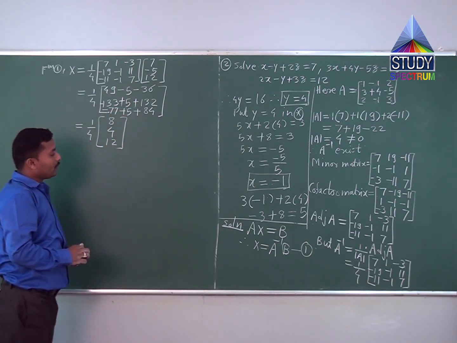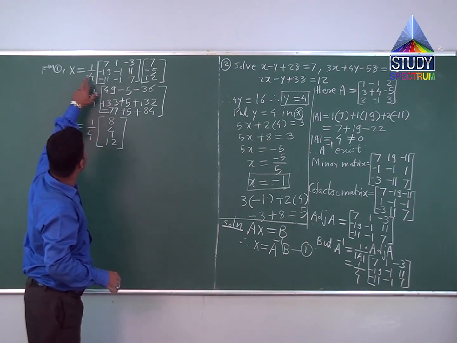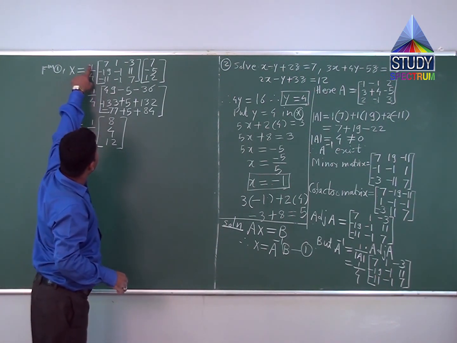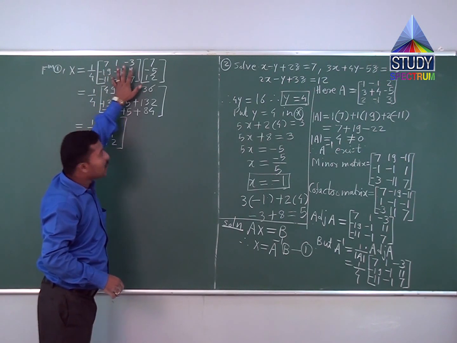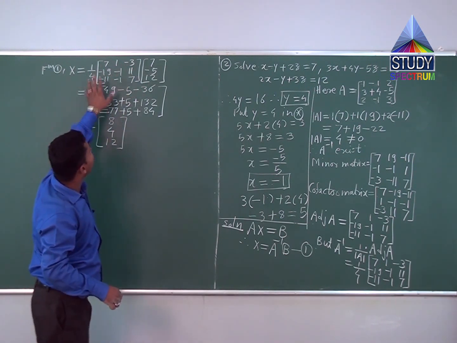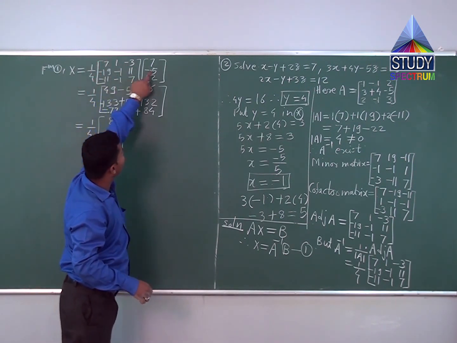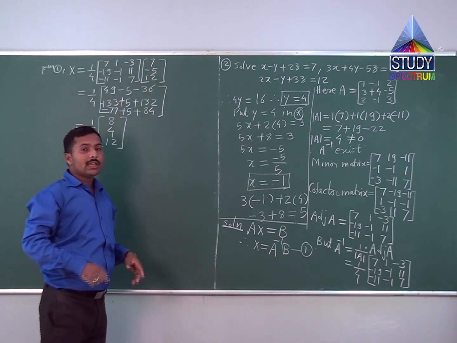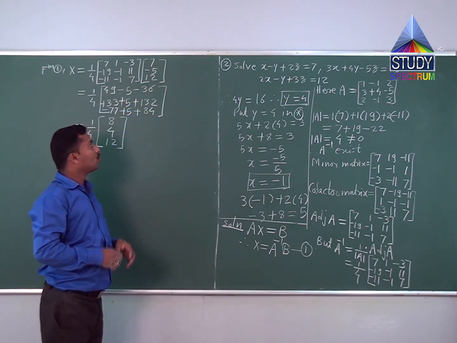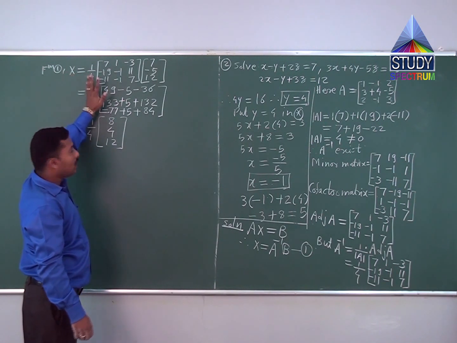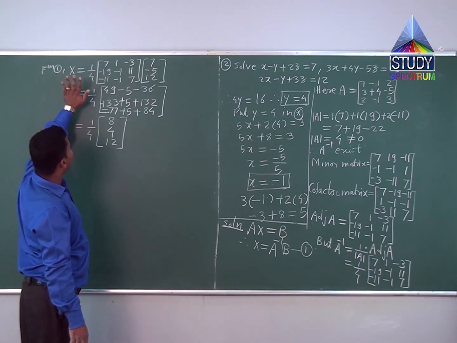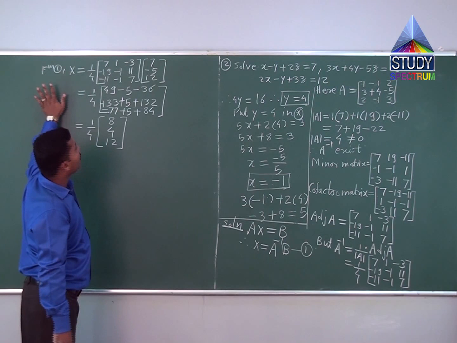Sometimes what happens, some students multiply this number 1 upon 4 to this matrix and then take the multiplication of this total matrix with this matrix. This is actually complicated. So keep this number outside the bracket.